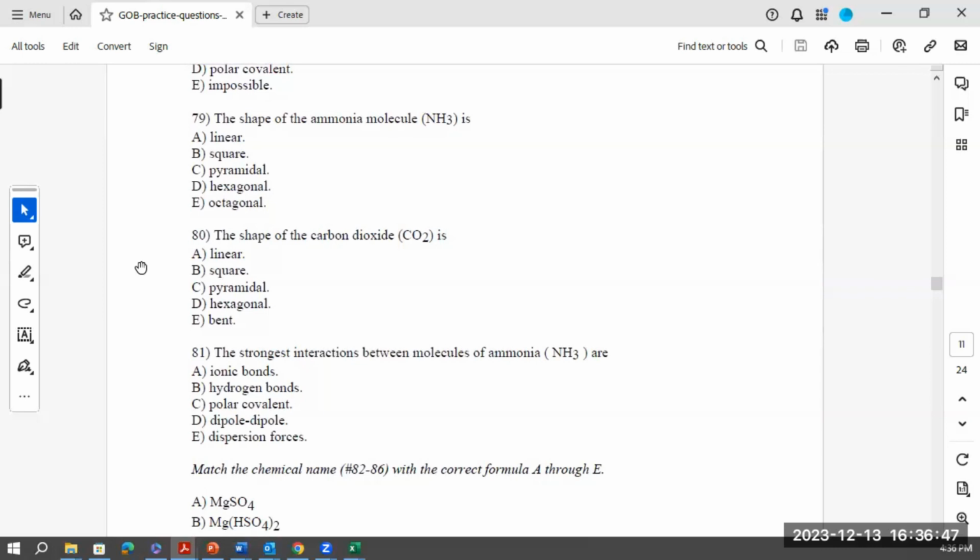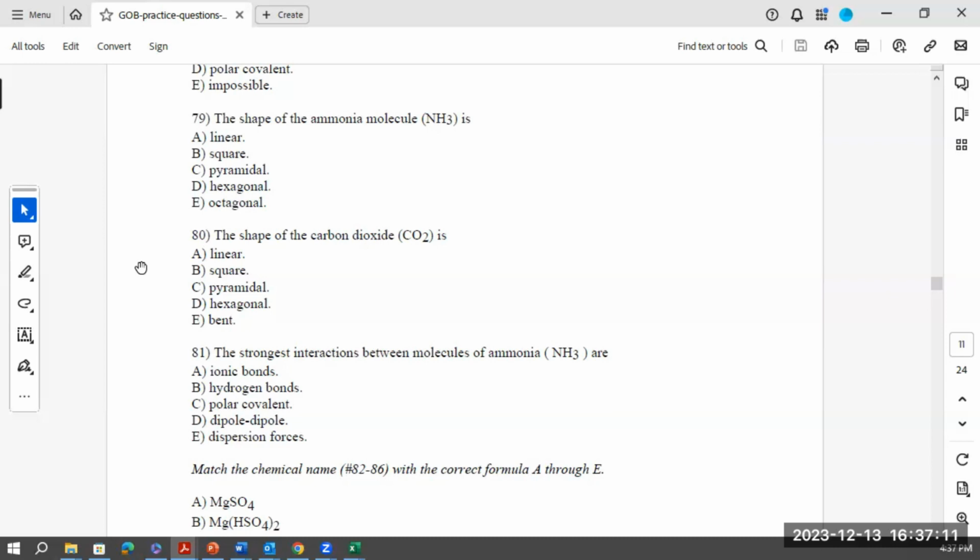The shape of the ammonia molecule is A, linear, B, square, C, pyramidal, D, hexagonal, E, octagonal. So let's think about those other ones, those last ones.